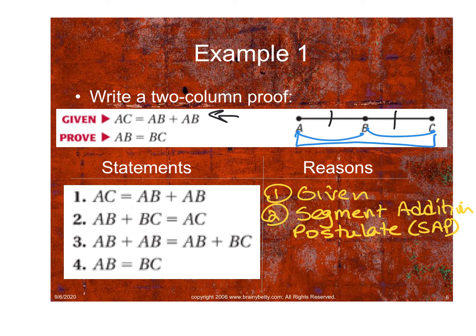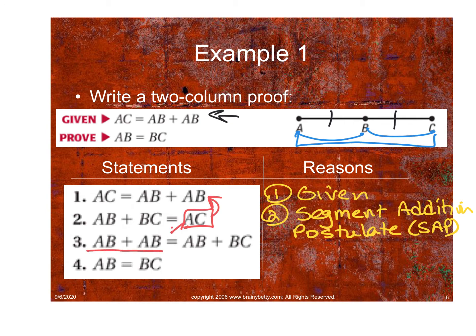The next one, what they've done here is, if you notice up above, they told us that AC was equal to AB plus AB in the first step. So I'm going to take out AC, and I'm going to put what AC equals, which is AB plus AB, and that's what they put here.